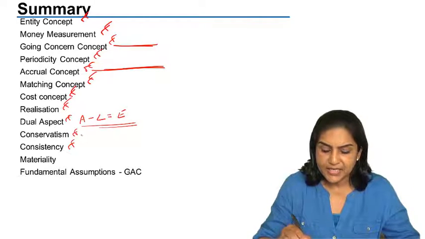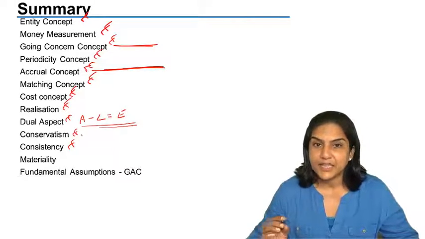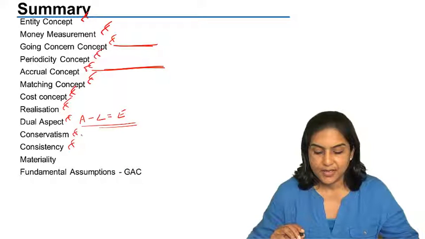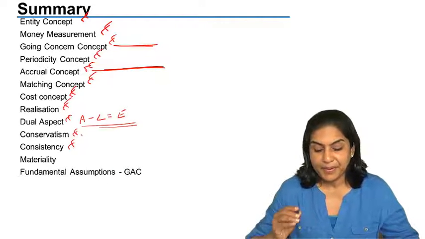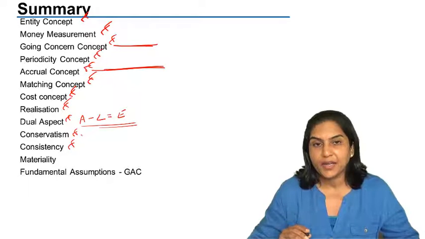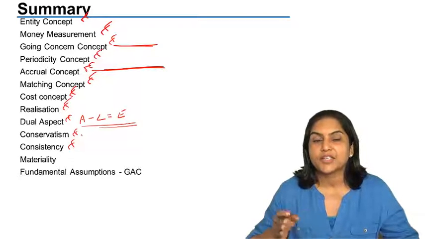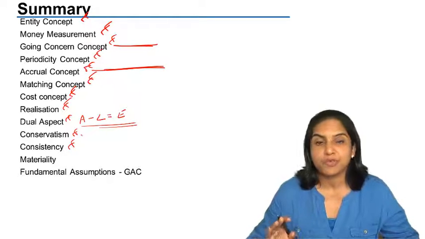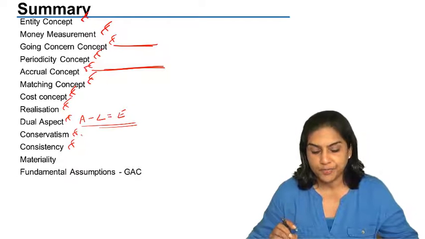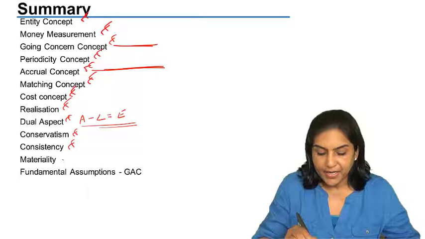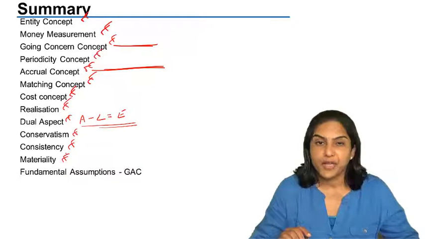What is materiality? Materiality, mind you, may vary from organization to organization or from situation to situation. What is material for one business may not be material for the other.